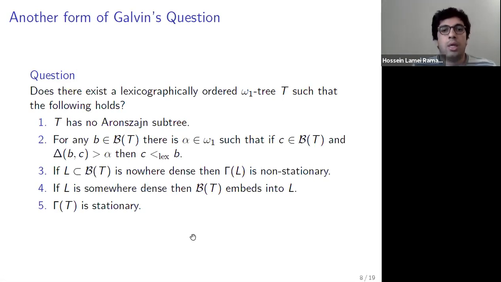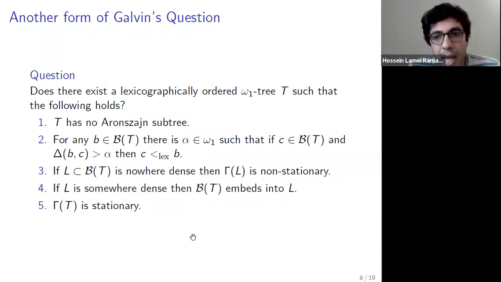Okay. Four is saying that if L is a subset of the branches and it is nowhere dense, then gamma L is non-stationary. If this happens, then every nowhere dense subset of BT is going to be sigma well ordered.